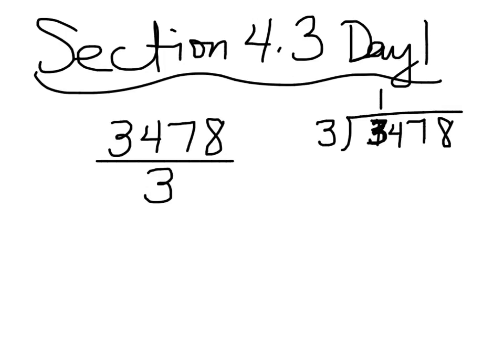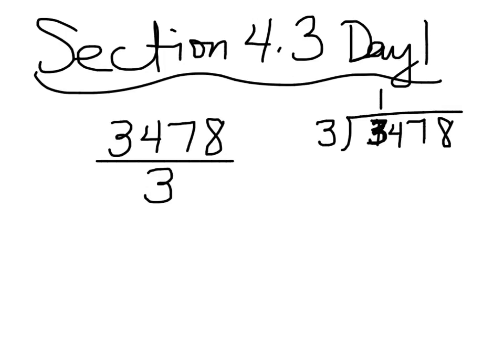The divisor goes on the outside. The dividend goes on the inside. Then you saw how many times is 3 going into 3, and you said once. That's where you got the 1 from. Now, what would I get underneath the 3?